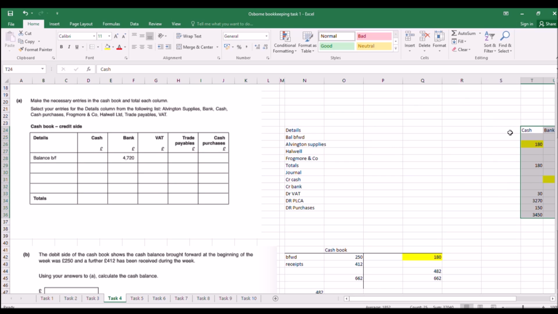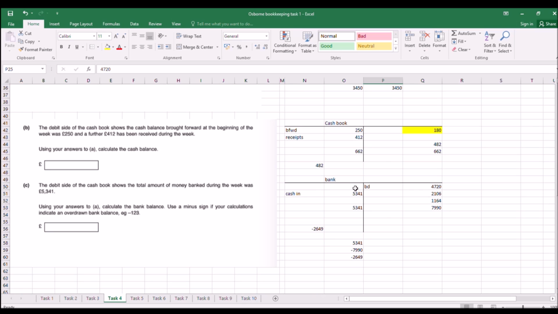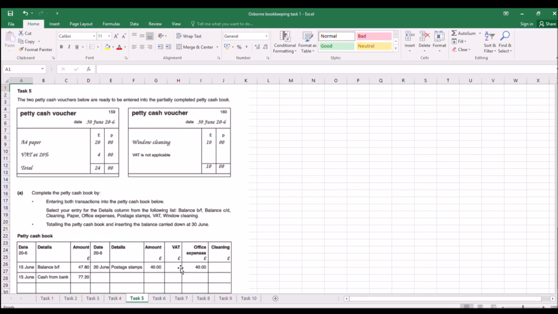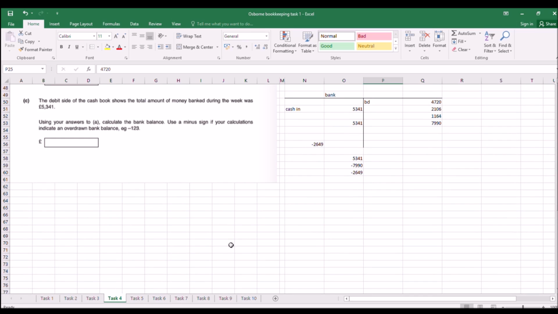So what they've done here, which is the only sort of tricky question I think we've seen so far really, is that they opened up with the credit side of the cash book or the bank account, said it was part of the general ledger, put in the balance brought forward in here, and basically said that the balance brought forward was a credit on the bank account there, sliding that into there. It's not giving us any options. It would have been quite fun if there would have been some options which would have shown that as a debit.